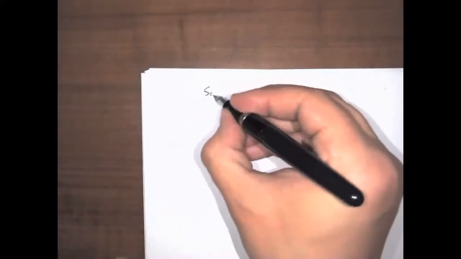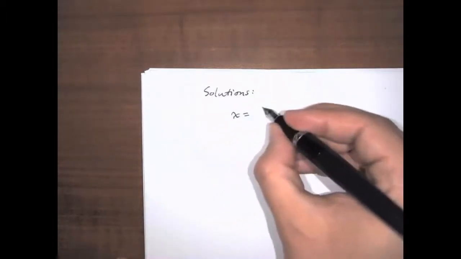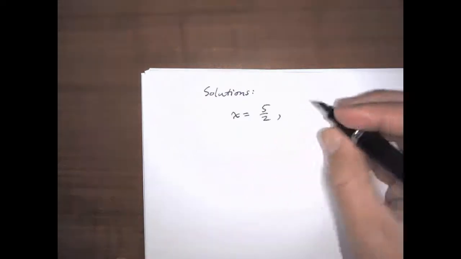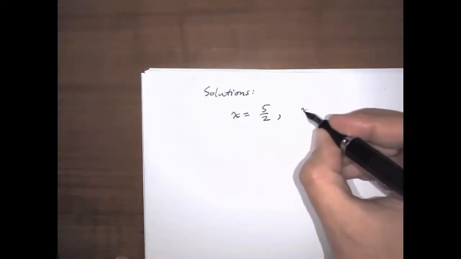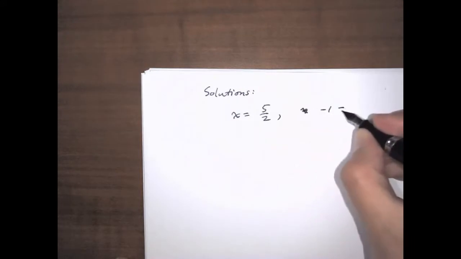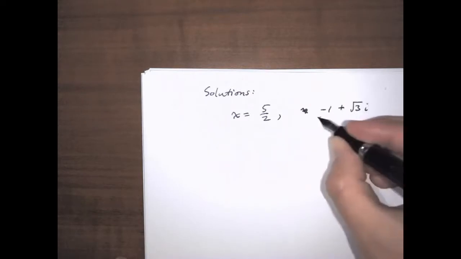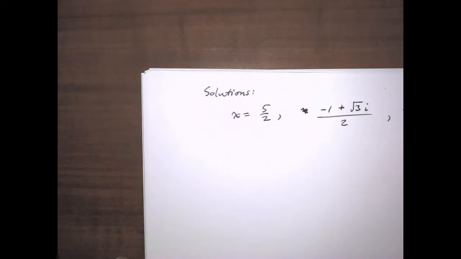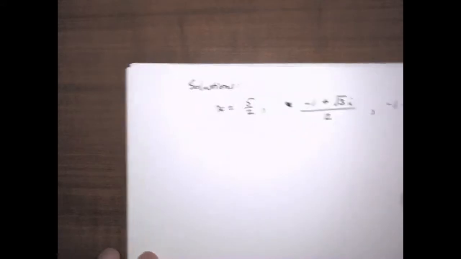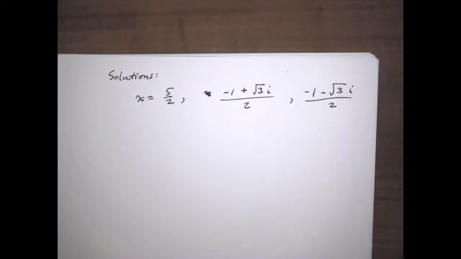So then we have 3 solutions. The solutions are x = 5/2, (-1 + square root of 3 i) all divided by 2, and (-1 - square root of 3 i) all divided by 2.